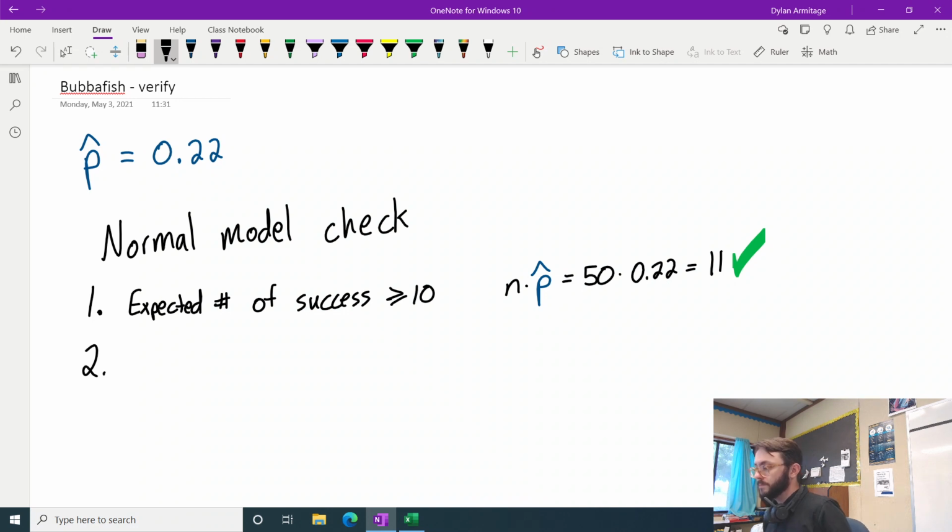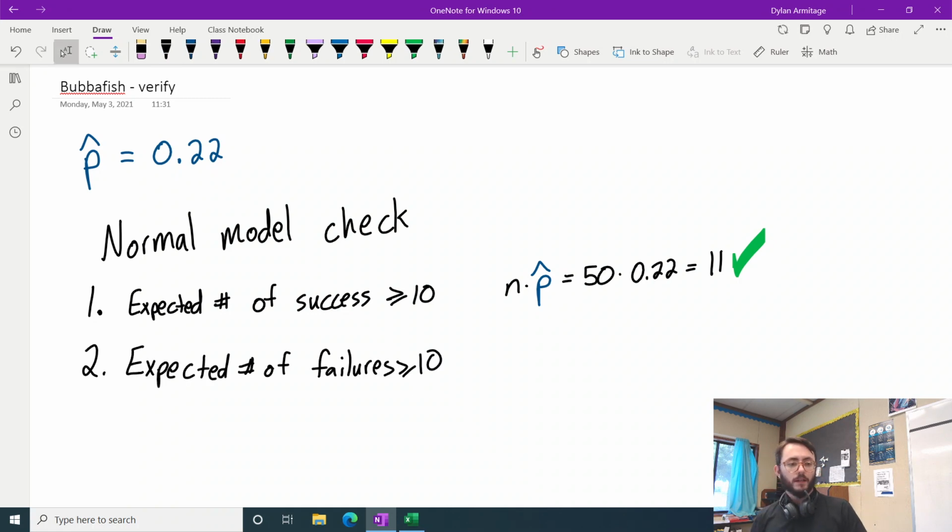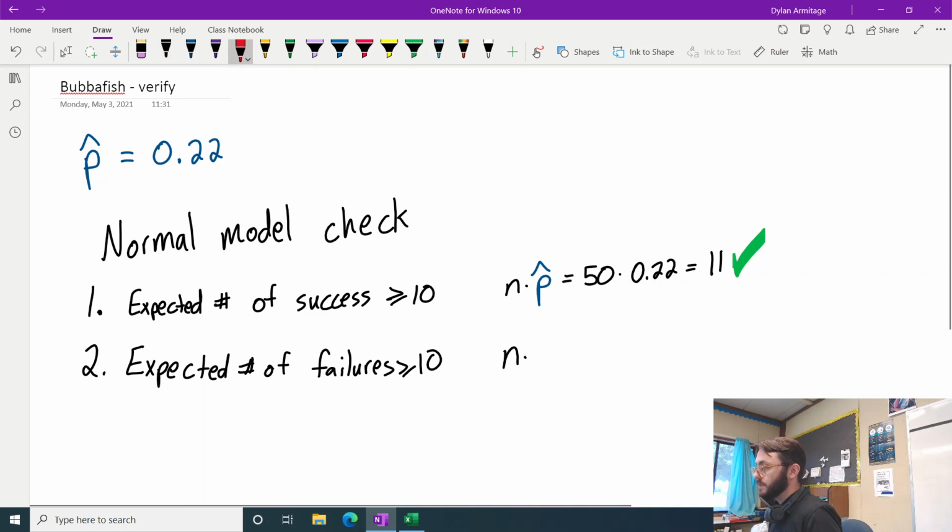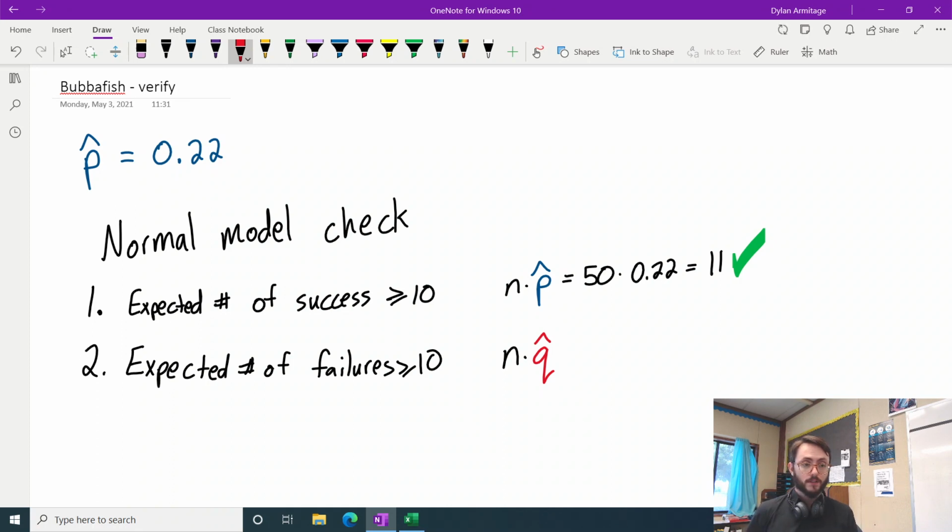Then the second one is the expected number of failures also greater than 10? Now, we could calculate this a number of ways, but remember it was typically n times q. In this case, that's going to be q hat, so the proportion of our sample that did not have that third eye.